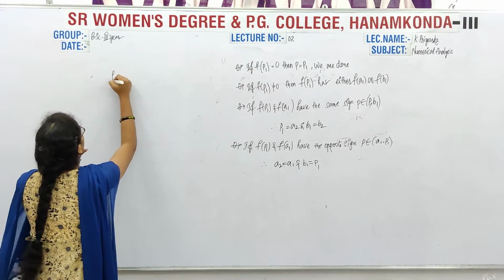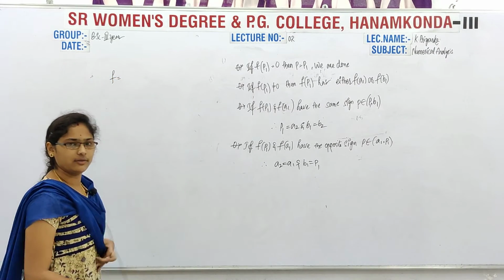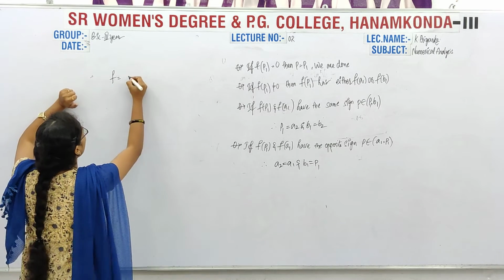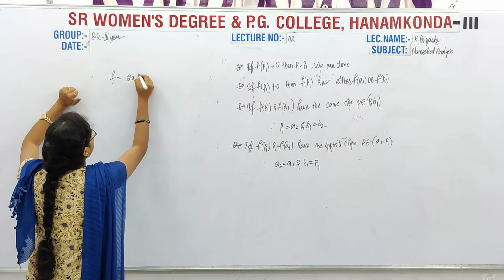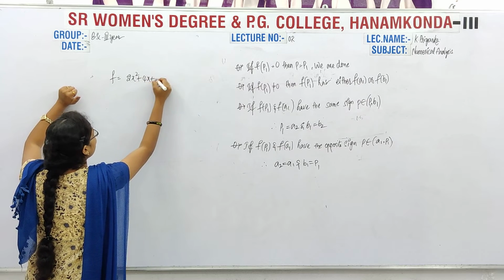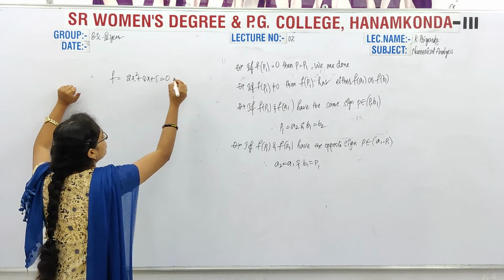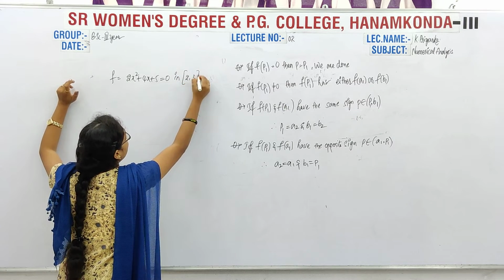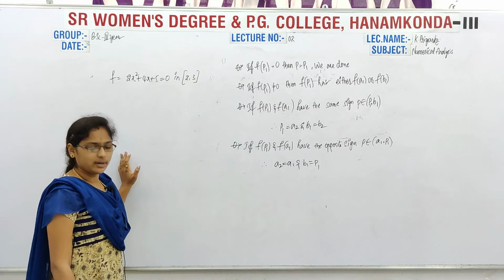Here they give one equation, and of course we have to consider that equation with f. So a simple example, I am taking 2x square plus 4x plus 5 equal to 0 in closed interval, for example, 2 comma 3.